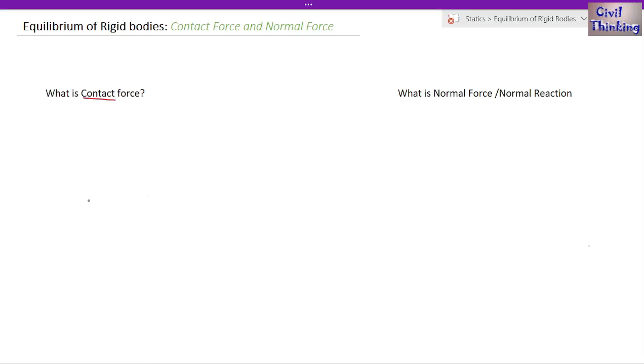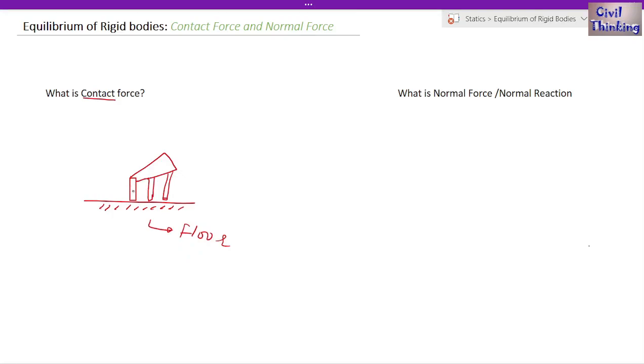Now for example, if you have this wall or a surface, this is the floor and this is the surface of the floor, and there is a table on it, something like this. Now this table is resting on the floor, right?